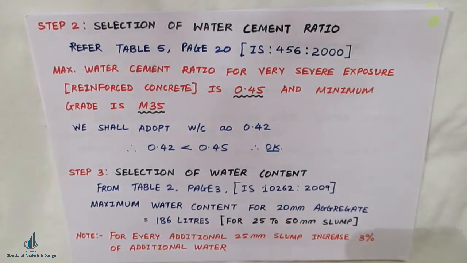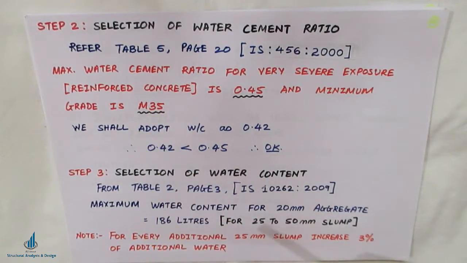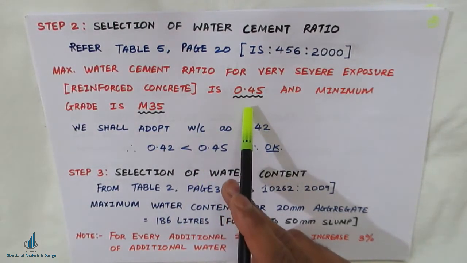There are various exposure conditions ranging from mild, moderate, severe, very severe and extreme. And there are two types of concrete, plain concrete and reinforced concrete. For reinforced concrete, for a very severe condition, the minimum grade of concrete is M35, the minimum cement content is 340 kg per meter cube, and the maximum water cement ratio you can provide is 0.45.